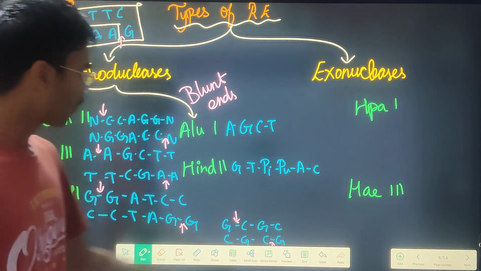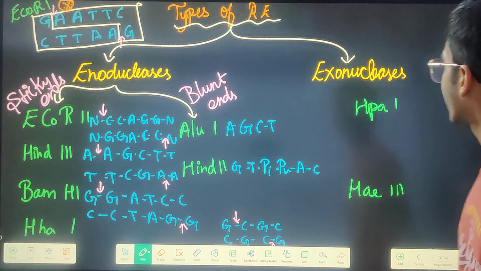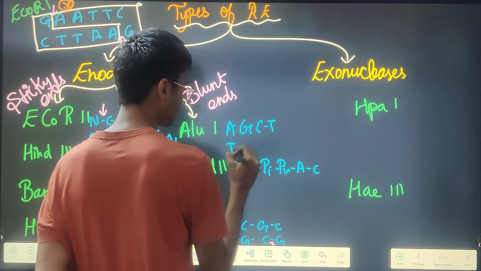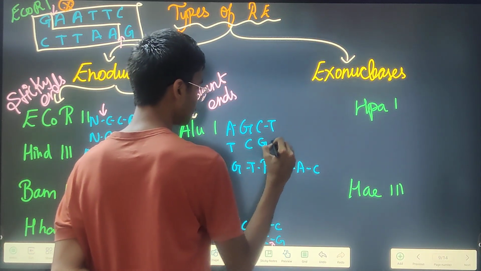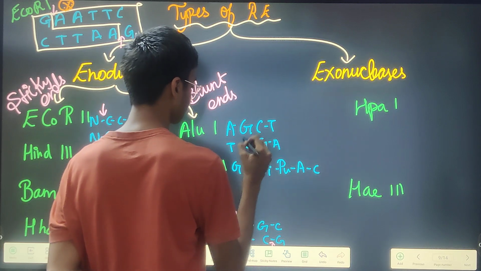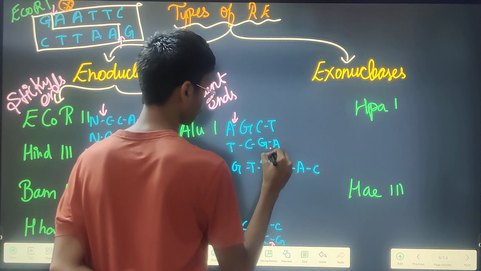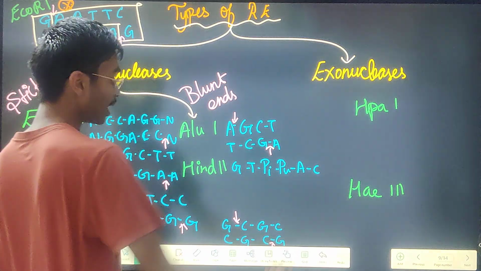Okay, so you will be having it like this. Then you are having an AluI site, so it is T, C, G, A. Okay, like this. Then what about here?